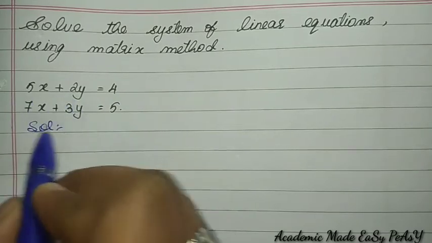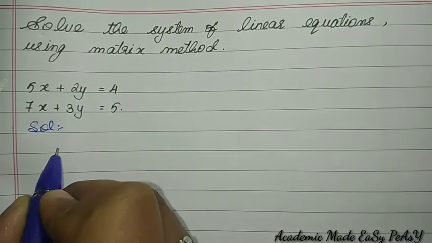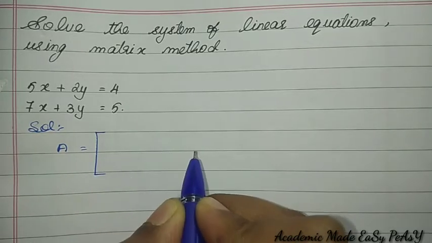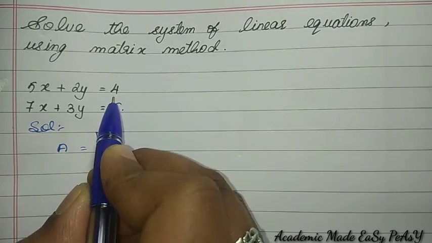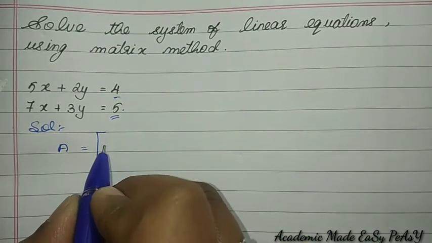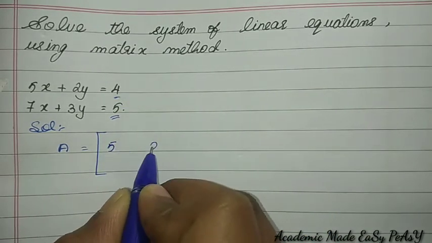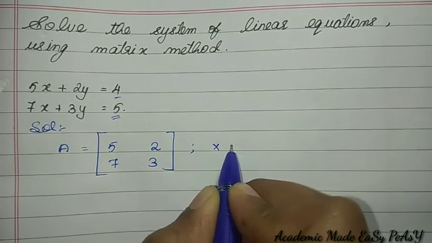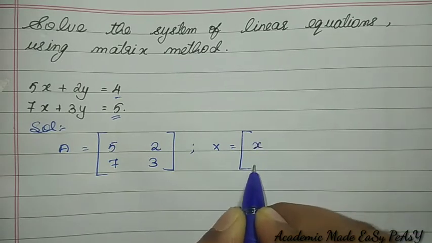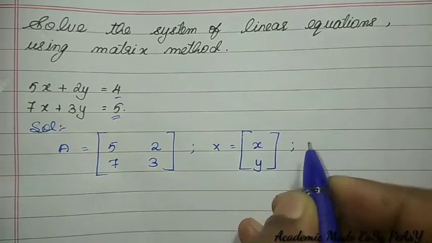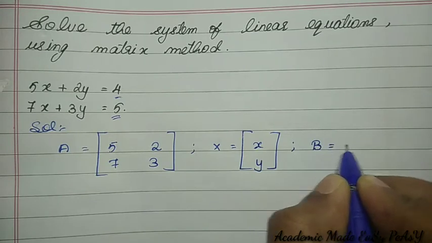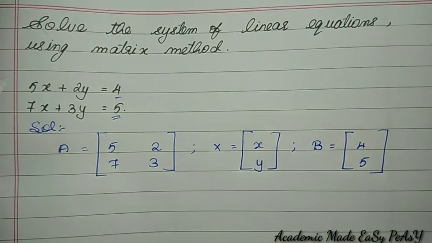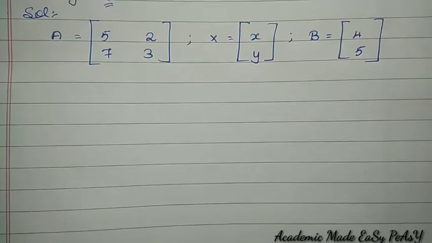Here we will be changing these equations to matrices. The coefficients of the variables will be one matrix, the variables will be in one matrix and the solutions will be in one matrix. So 5, 2, 7, 3. And my next matrix will be with variables, so x, y. And my next is b is equal to 4, 5. So these are the required matrices.